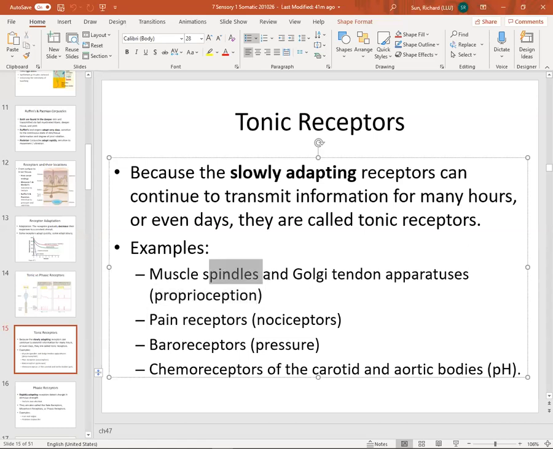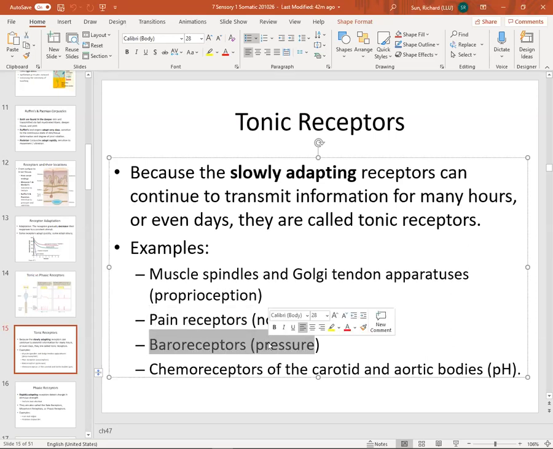They cannot stop sending signal. Otherwise, we don't know where they are located. Pain receptors are also tonic receptors, because it's not like if you got injured and you feel pain, it will go away. The pain signal, as long as there is a stimulus, will continuously send signal to the brain.